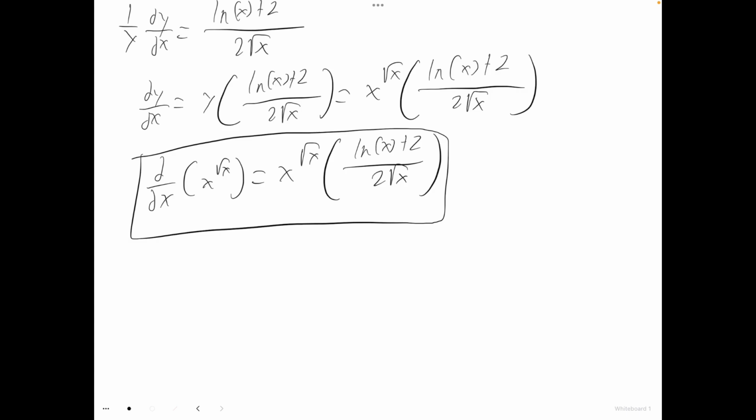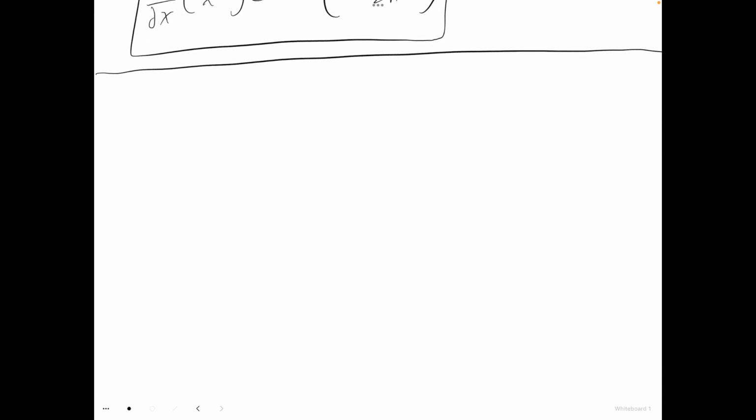So we're going to do one more example that's very similar, just to reiterate the point. We're going to compute the derivative now for f of x equals sine of x raised to the x. So we're going to compute the derivative of sine of x raised to the x.